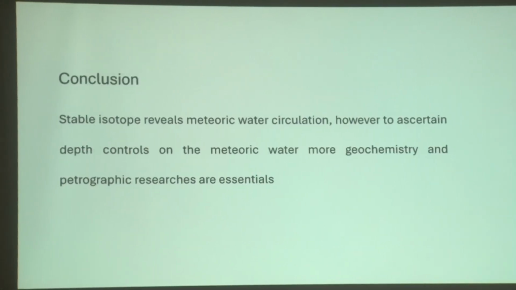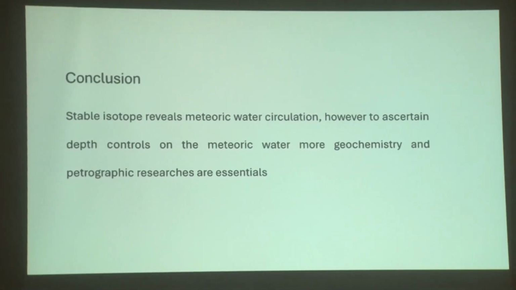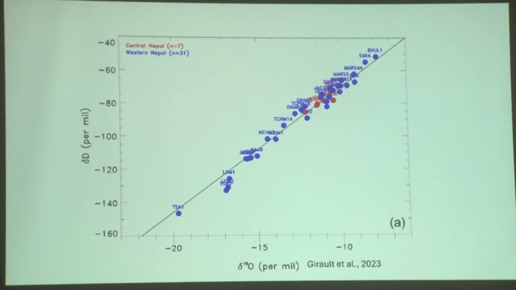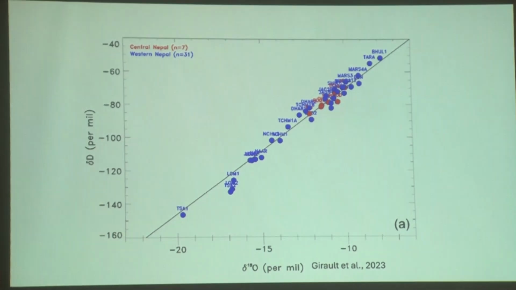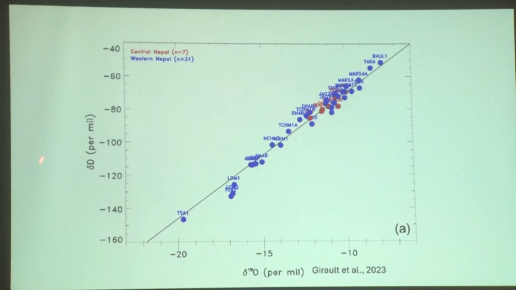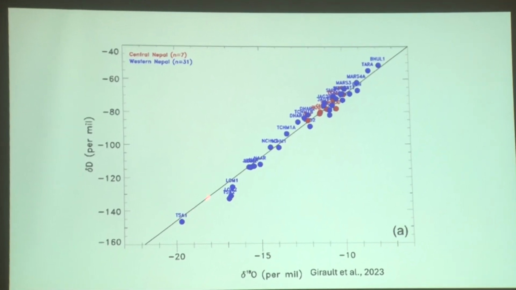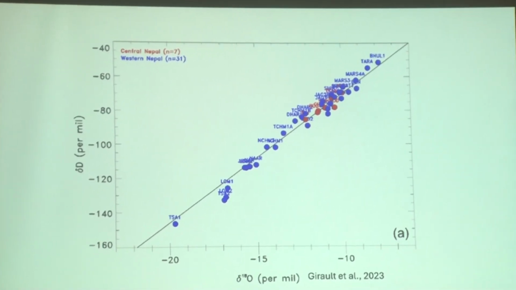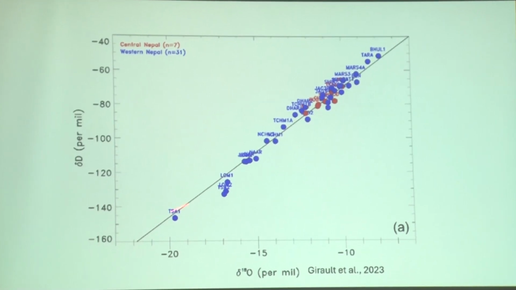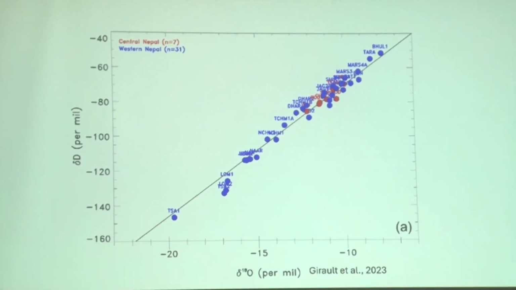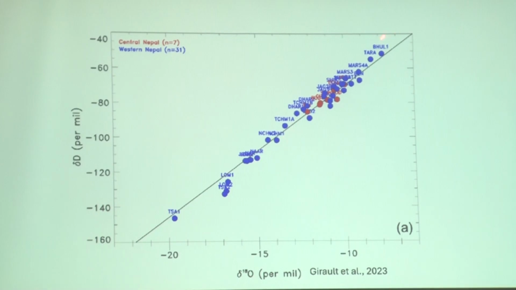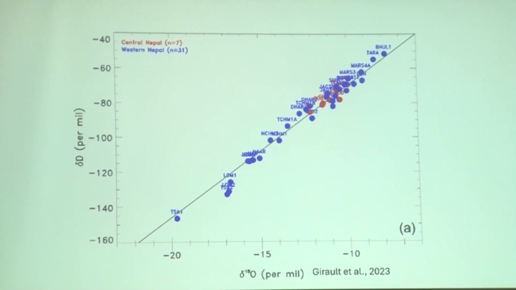So if we take stable isotopes, deuterium and oxygen, and this is the world meteoric water line, a lot of hot springs lie close to the world meteoric water line.